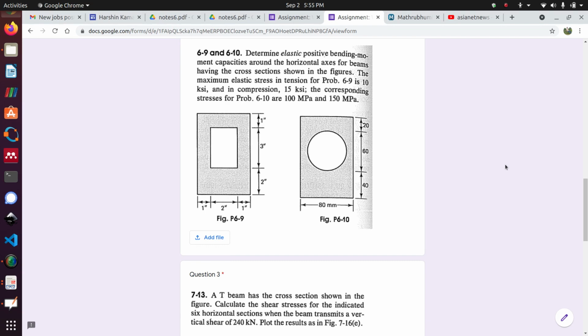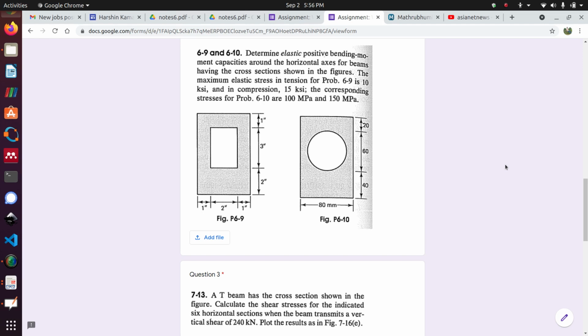The maximum elastic stress in tension for problem 6.9 is 10 KSI. What is KSI? KSI is a unit you can convert to SI units. And in compression, 15 KSI.